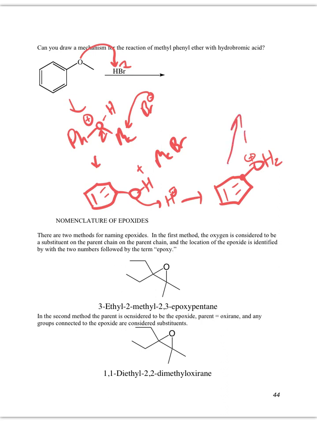So all we can do with this is to remove the extra hydrogen to get back to phenol and the methyl bromide. And we learned in Org 1 that to do an SN1, SN2, E2 or E1, what type of carbon with a leaving group on it did we need?